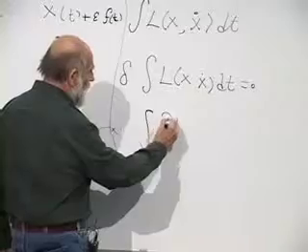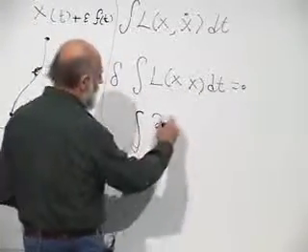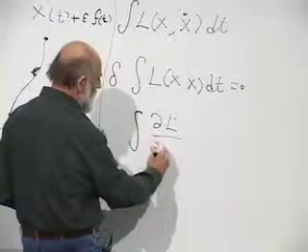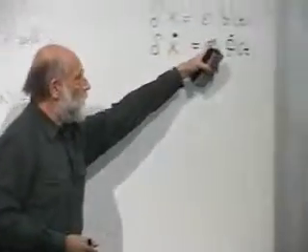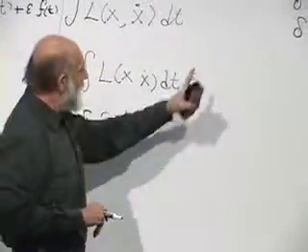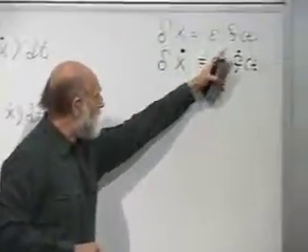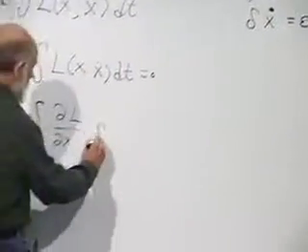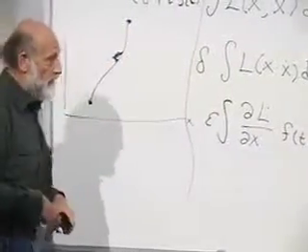That's the derivative of the Lagrangian with respect to x times delta x, but delta x is just proportional to f of t. We can put an epsilon on the outside here. The change of x is just f of t, so let's put f of t there, with epsilon left outside.